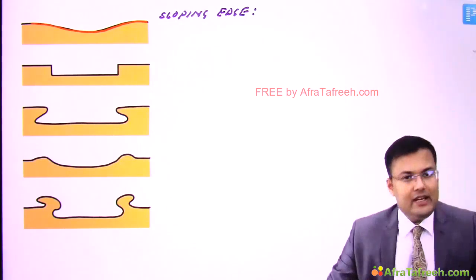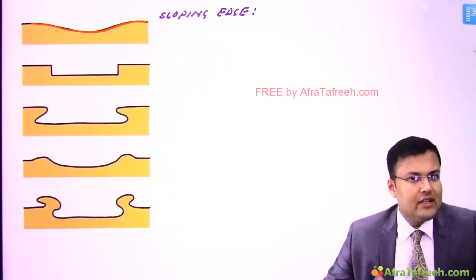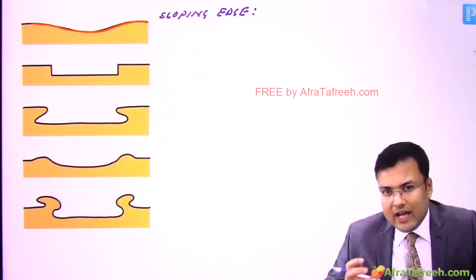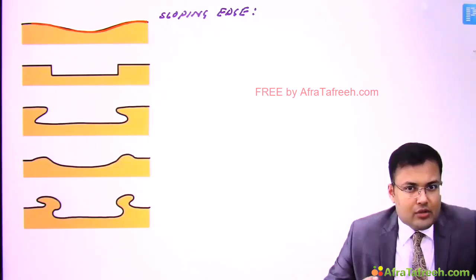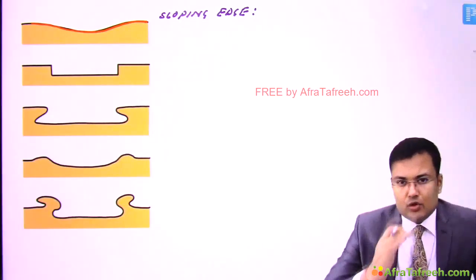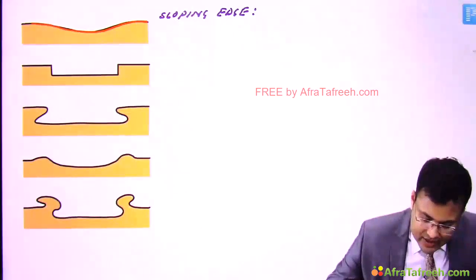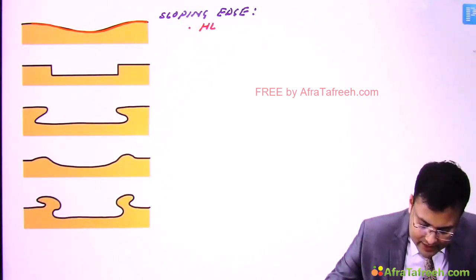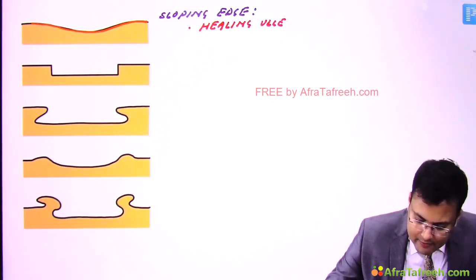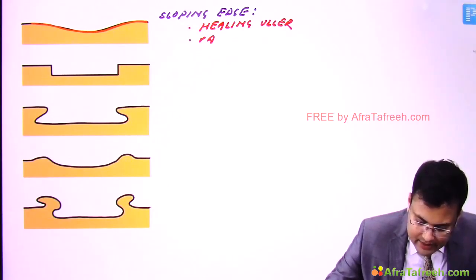You have seen healing ulcers or varicose venous ulcers in the gaiter region having pink granulation tissue. These ulcers have a sloping edge. So sloping edge is seen in healing ulcer and varicose ulcer.